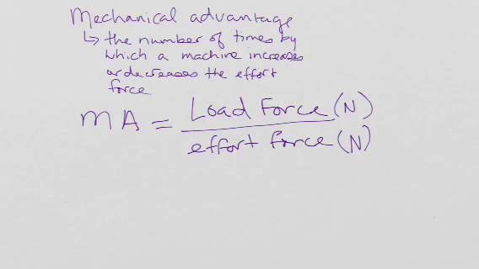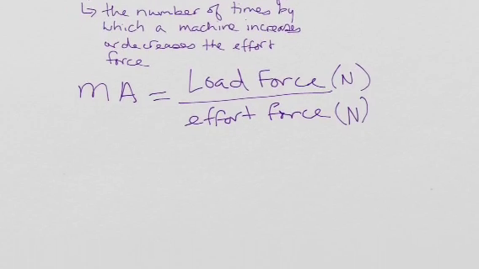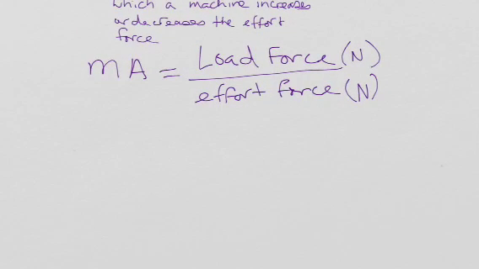So in this case, for a Class 1 lever, the MA was equal to the load force, and we had a 200-gram mass. If you change 200 grams to kilograms, that's 0.2 kilograms, multiplied by 10 newtons per kilogram, that gives you a load force of 2 newtons.